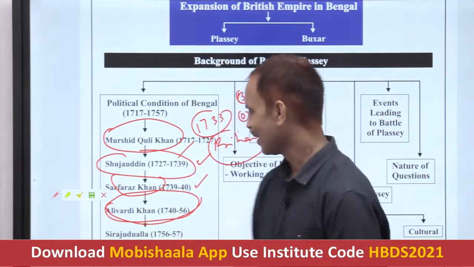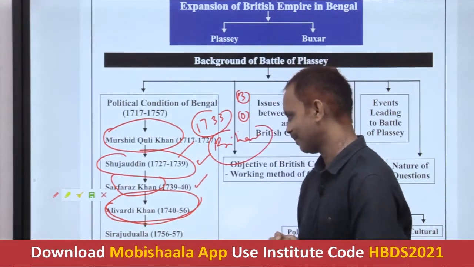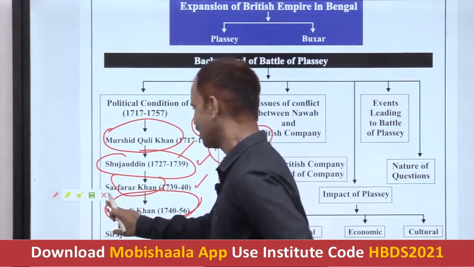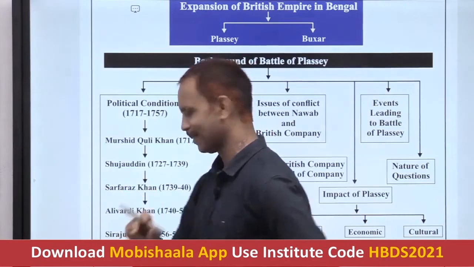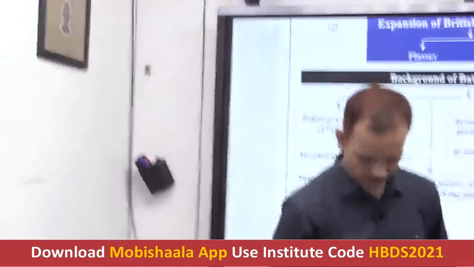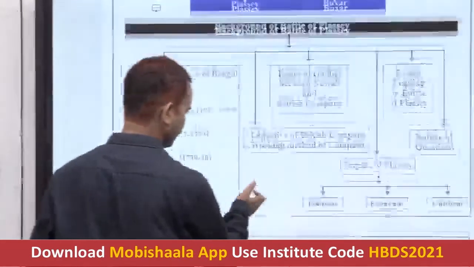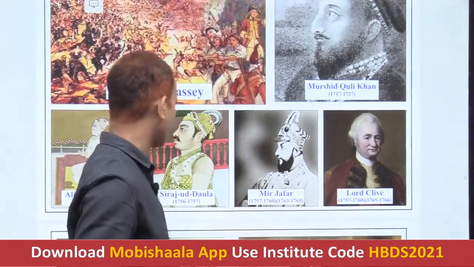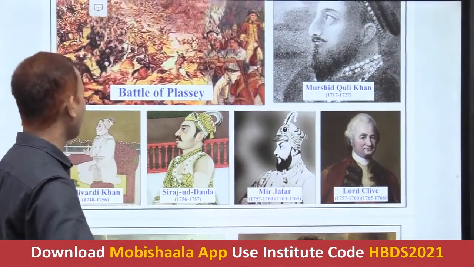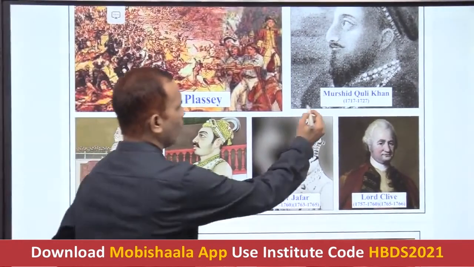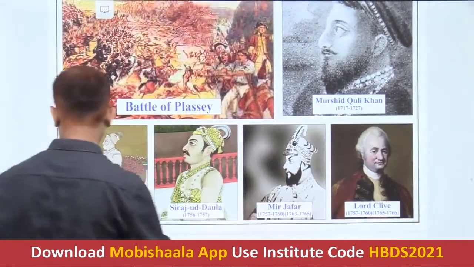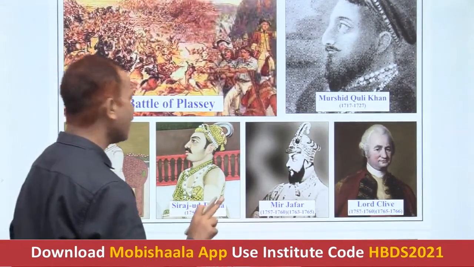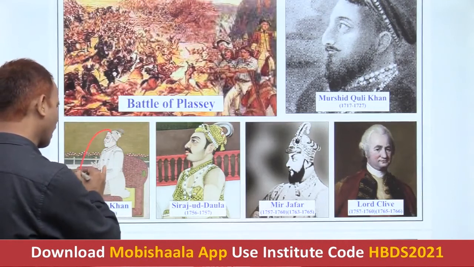Now, after Aliwardi Khan, Siraj-ud-Dawla became the next Nawab of Bengal. See, Siraj-ud-Dawla. Okay, I said that Aliwardi Khan, like Murshid Quli Khan, was a genius ruler, was a capable ruler, and so he also maintained the glory of Nawab in Bengal.